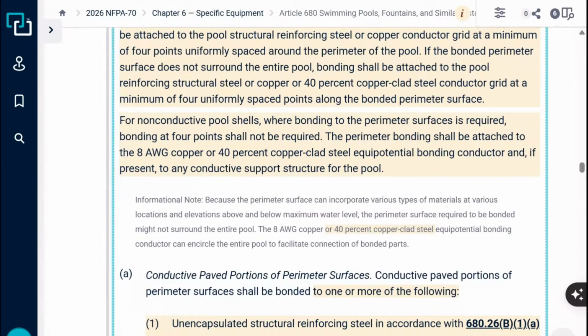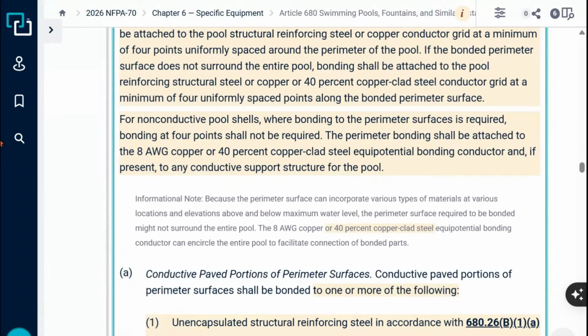You can bond certain elements together with this 8 copper and 40% copper clad steel equipotential bonding conductor, and if present, to any other conductive support structures. This is not saying that an 8 gauge can be used around the entire perimeter as an equipotential bonding. That's correct.